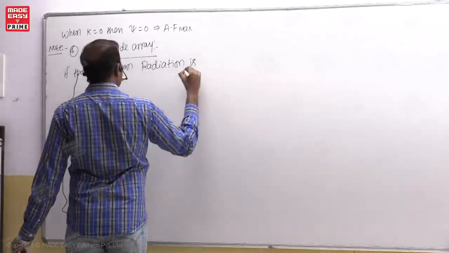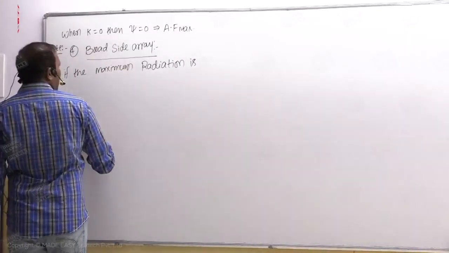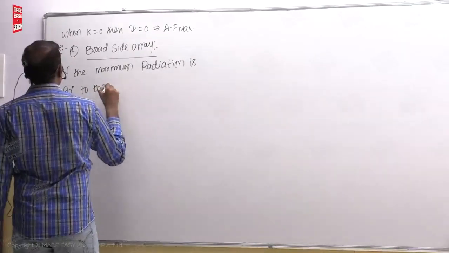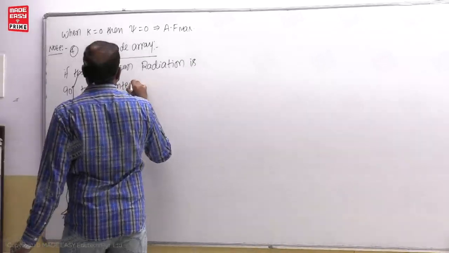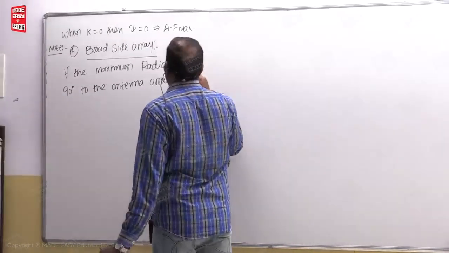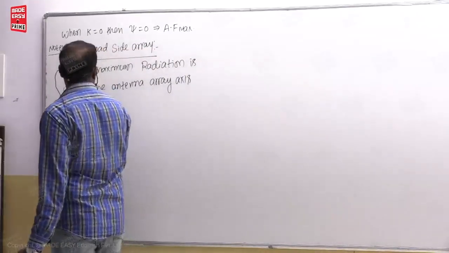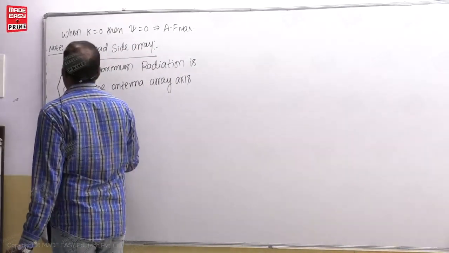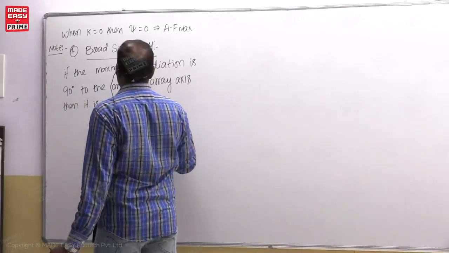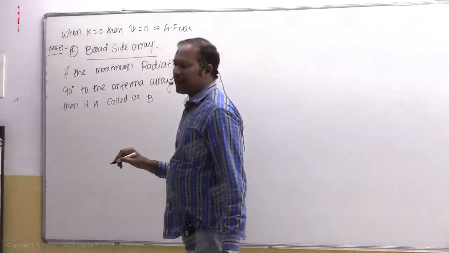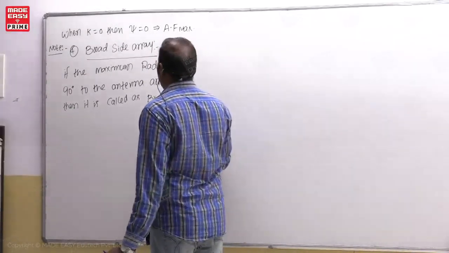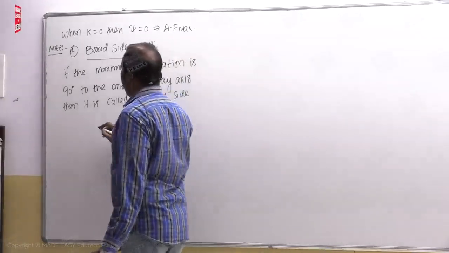If the maximum radiation is 90 degrees to the antenna array axis, then it is called as broad. Broad means breadth side, breadth or width side. So broadside array, it is defined like that.